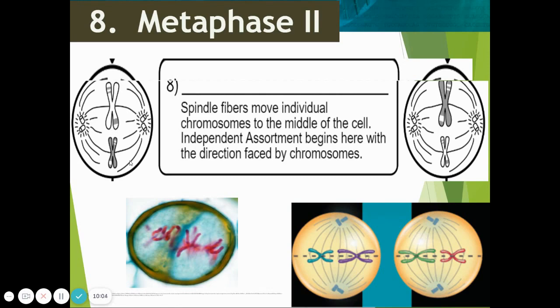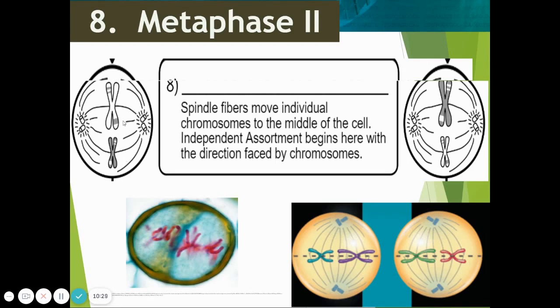Now, something else happens here, and here's a big term, and we'll talk about this more in genetics, something called independent assortment. This is something else that goes on during meiosis along with that crossing over that helps to create genetic differences, genetic diversity. So you could see the chromosomes here, they're facing a particular way. Well, what if they were flipped?